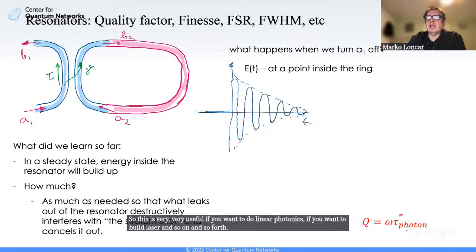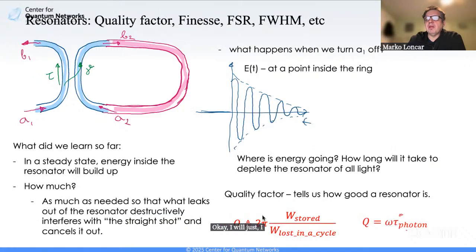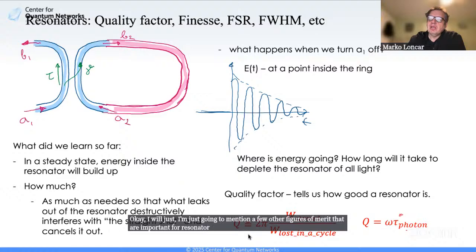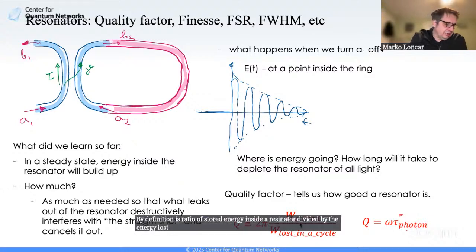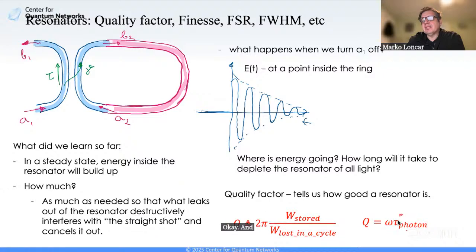I'm just going to mention a few other figures of merit that are important for a resonator. Quality factor is one of them. By definition, it is the ratio of stored energy inside the resonator divided by the energy lost in the resonator in one cycle. Practically, this determines how long a photon lives inside a resonator.